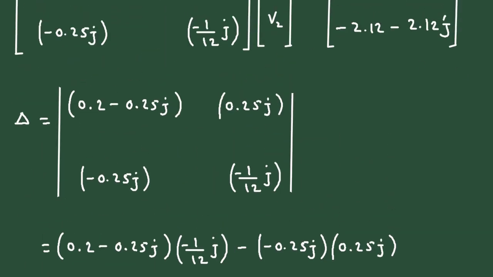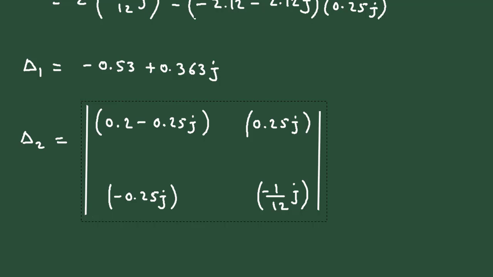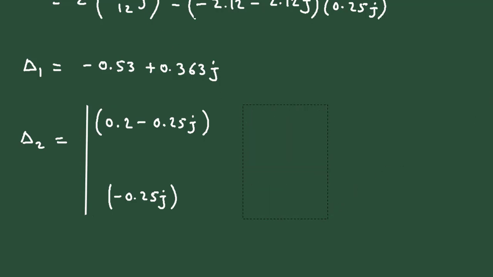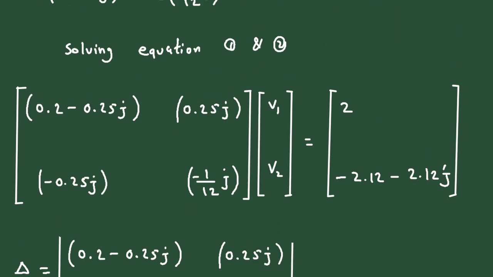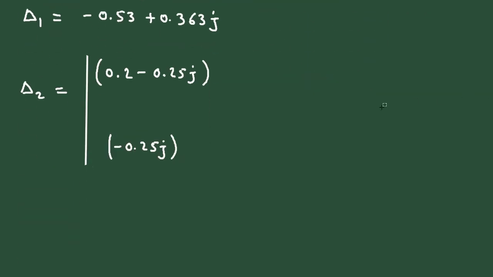So for finding delta 2, again we have to take this determinant, and this time we have to replace its second column. So now to replace its second column, let's erase this first. Let's copy this from here. Now this into this.